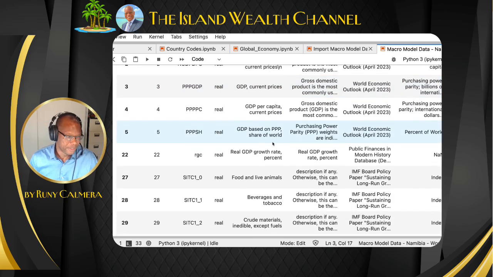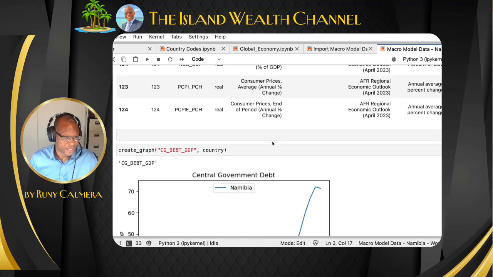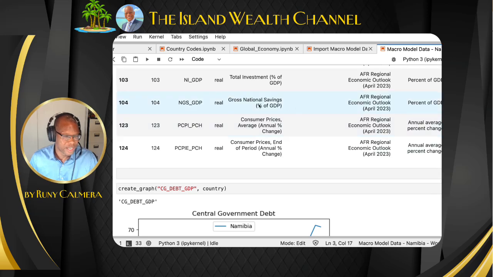So GDP per capita, all these things. And this is the real sector. Look at this, gross national savings. Do they save? Do they have money? If the gross national savings is negative, basically they have debt.